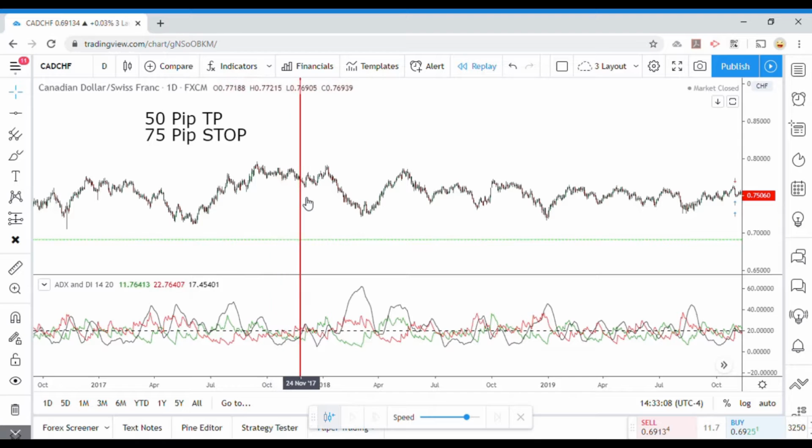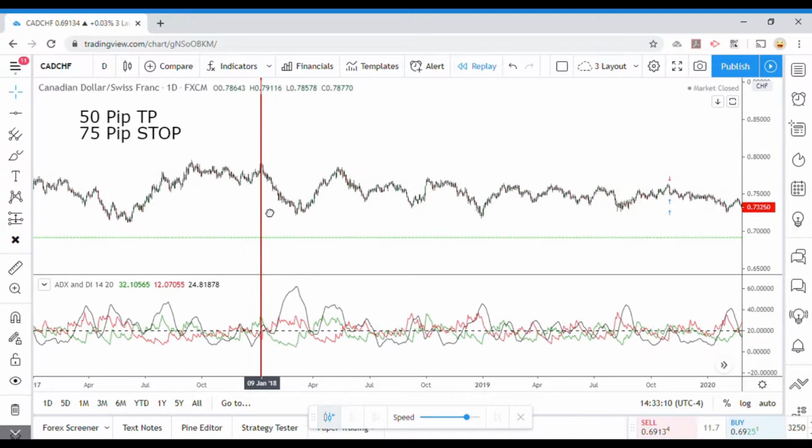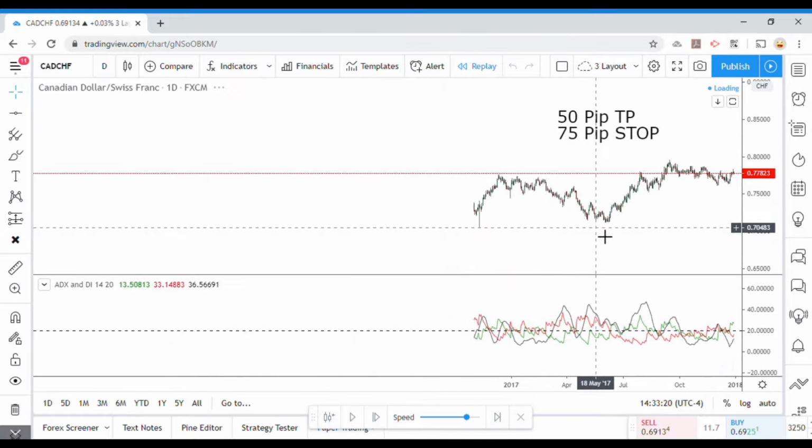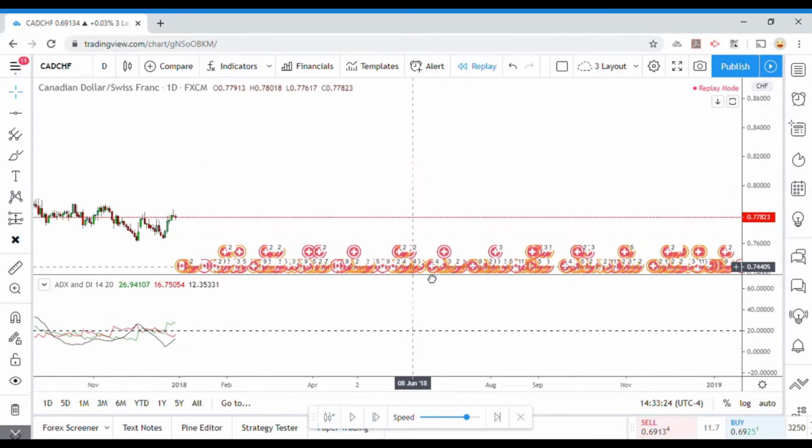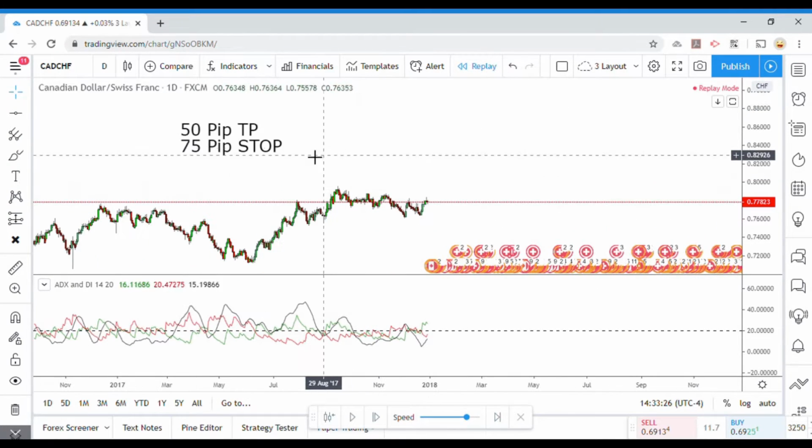Okay, so we have that. Let's start our replay function. Once again, one of the reasons why I love TradingView is the replay function. It makes backtesting super simple.